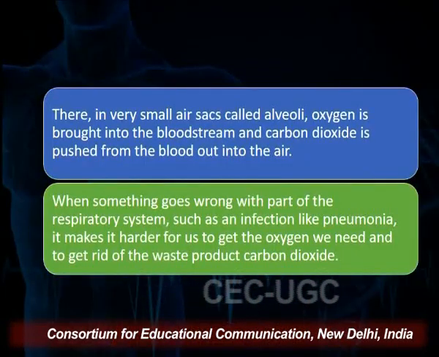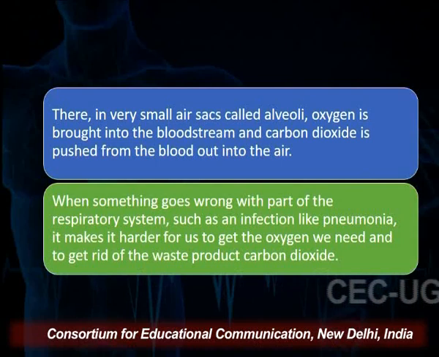The nose, pharynx, larynx, trachea and bronchi all work like a system of pipes through which the air is funneled down into the lungs. There are very small air sacs called alveoli.